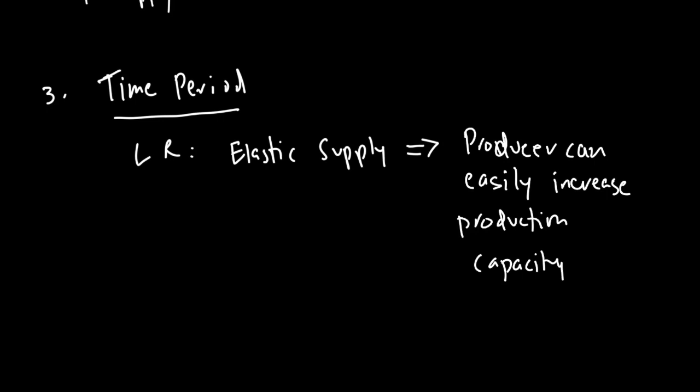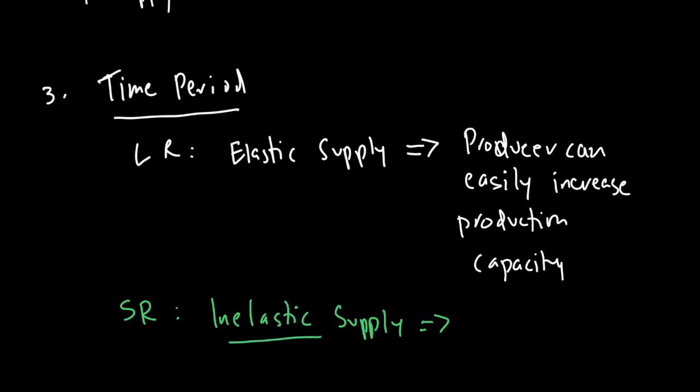Similarly, in the short run, supply tends to be inelastic, and that's basically where you are looking at a producer who doesn't have enough time available to increase supply, because it takes, for example, much time for the factors of production to be added, to be trained, to be employed to make more output. So short run supply tends to be inelastic, long run supply tends to be elastic.